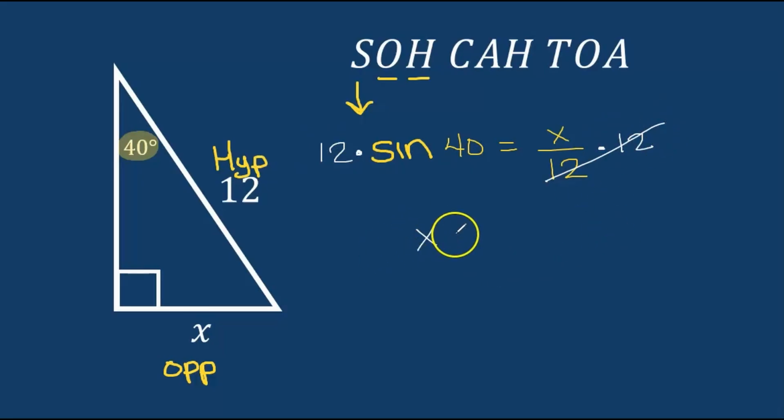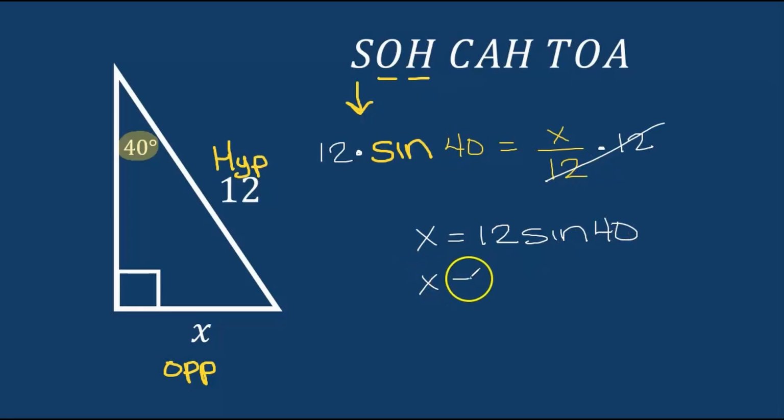That gives me x equals 12 sine 40. Now you should still have your calculator in degree mode, but if you get something funny, chances are you don't have it in degree mode, and you should check.